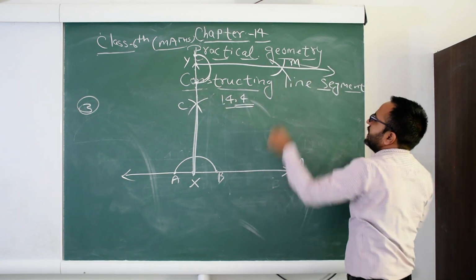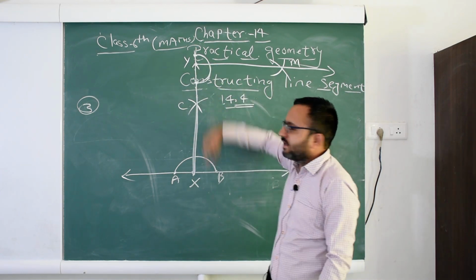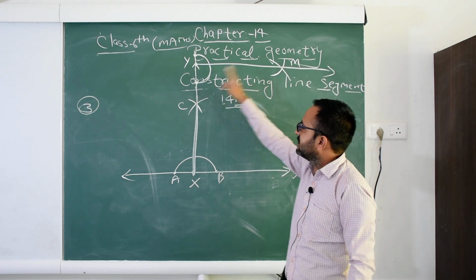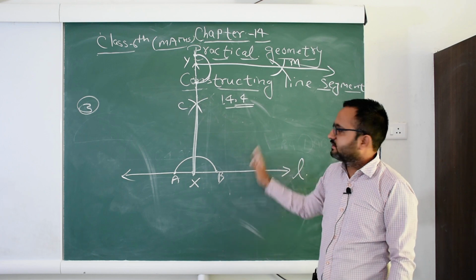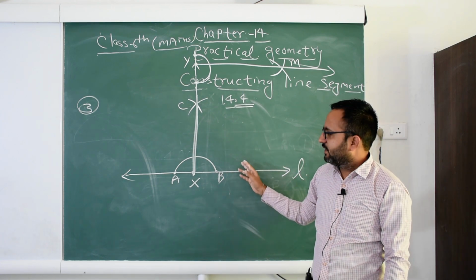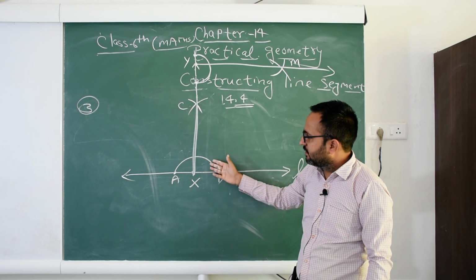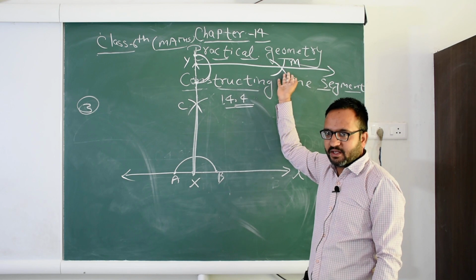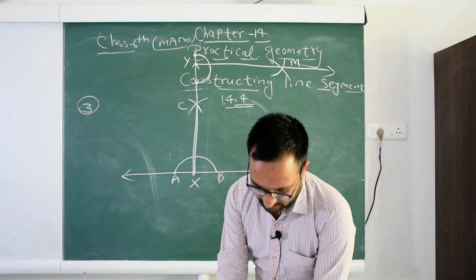This is a point M. So MY is again a perpendicular to line segment XY. So this is the solution of question number 3. First we construct the perpendicular, and again we construct the perpendicular in the same way.